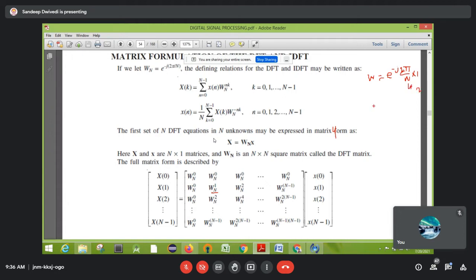For example, for the 4-point DFT we are calculating. So this will be e raised to power minus j pi by 2. You can take this value as cos pi by 2 minus j sin pi by 2, and you can calculate this value.